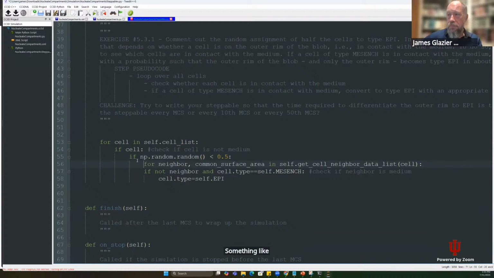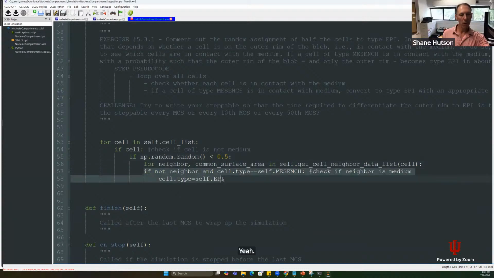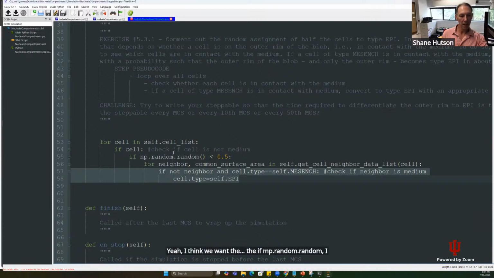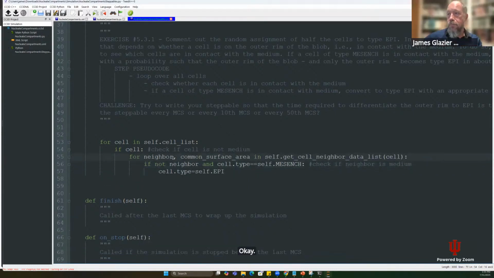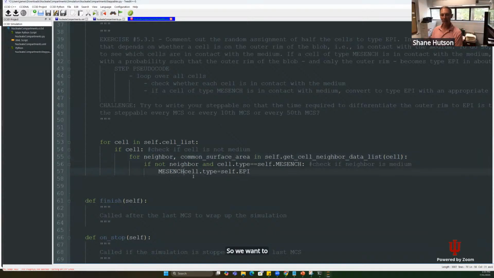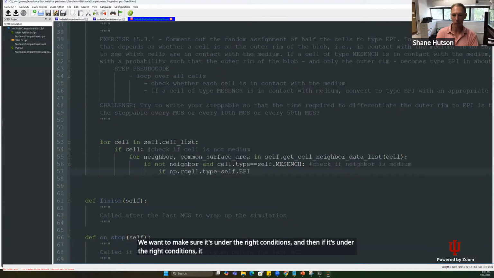I think we want the if random.random right before we assign the cell type to self.epi, because we want to make sure it's under the right conditions, and then if it's under the right conditions, it probabilistically switches type.